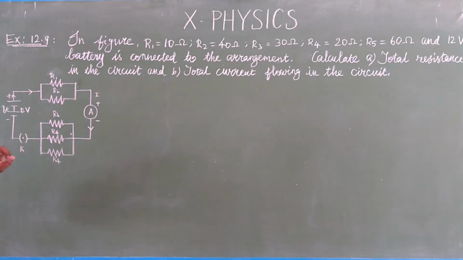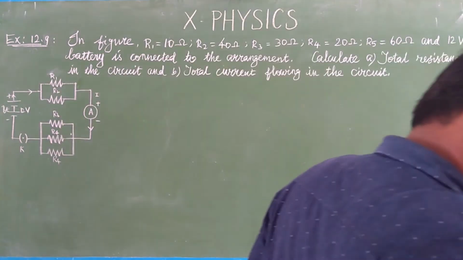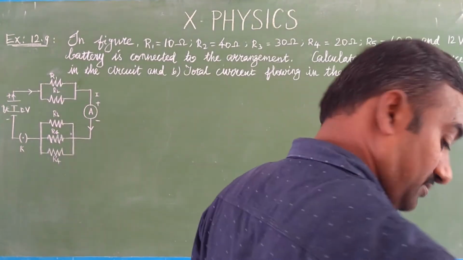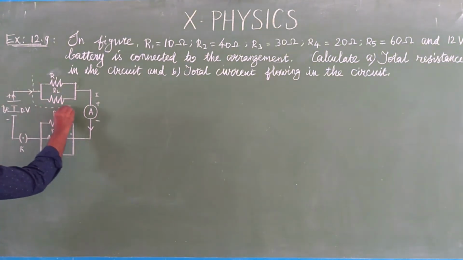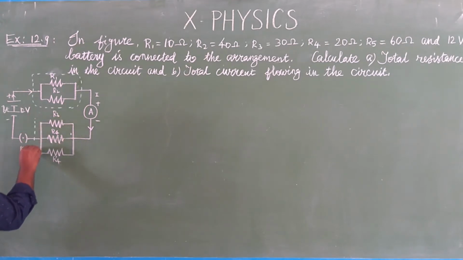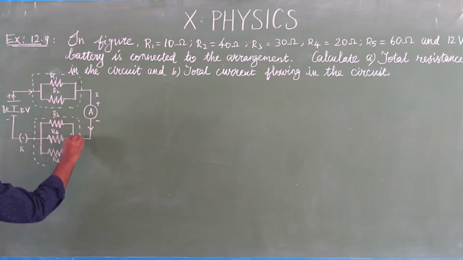But make sure this circuit comprises two parallel combinations. This is the first set of parallel, and another parallel set is also here. So this is the first parallel combination, and this is the second parallel combination.